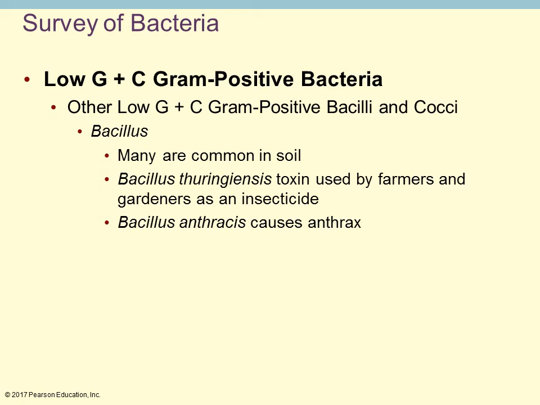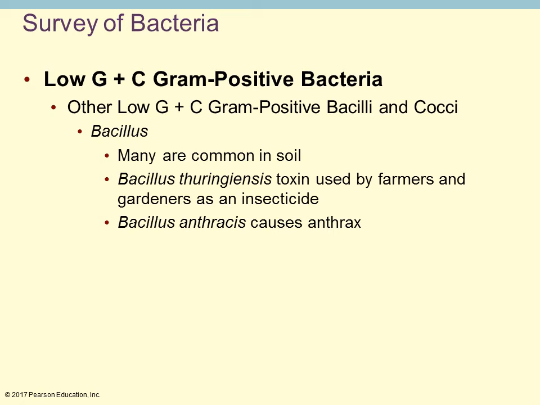There are some additional gram-positive that are low GC that are both bacilli and cocci. One that's bacillus is the genus Bacillus, very commonly found in the soil. As I mentioned a little bit earlier, Bacillus anthracis is the causative agent of anthrax. So that's of concern medically and also from a governmental standpoint.